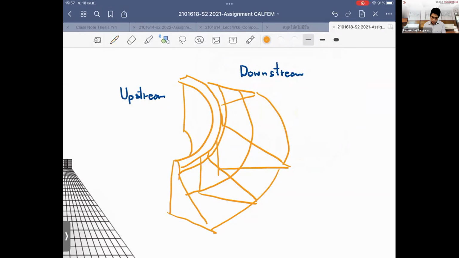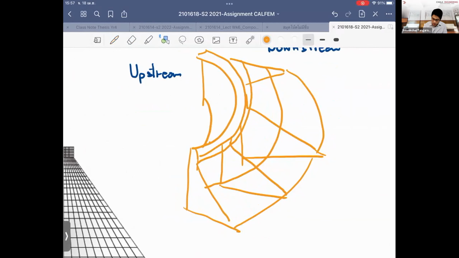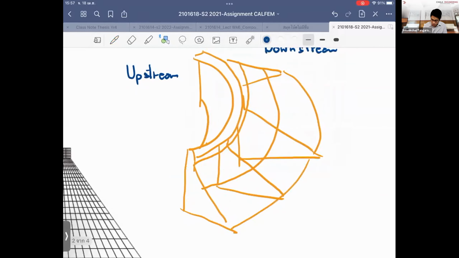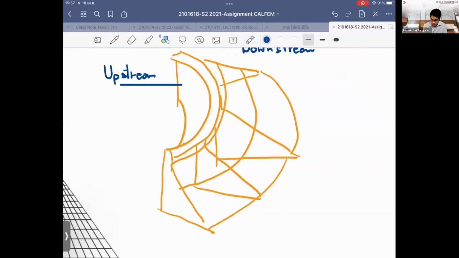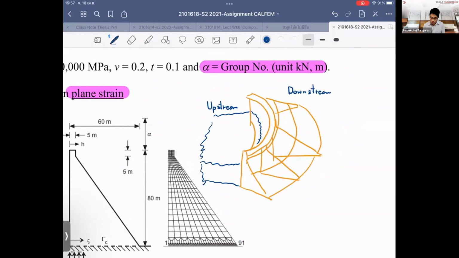Okay. Hope it looks okay. And you have the water at the upstream side. So it keeps the water at the upstream side, right? So this is the amount of the water that has been kept, right?